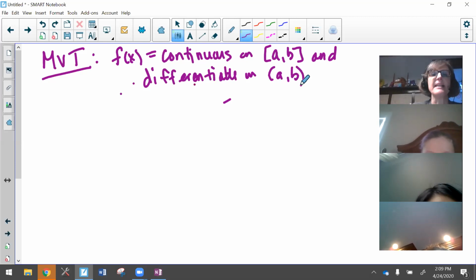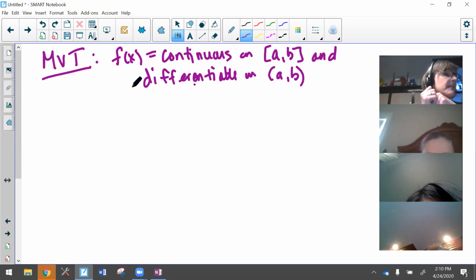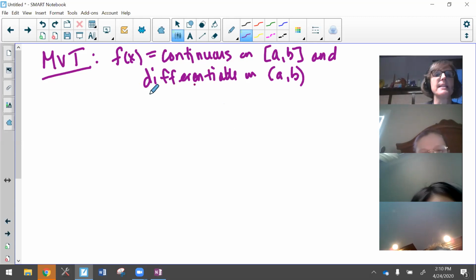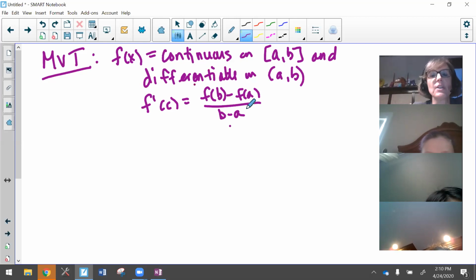That is the first criteria, and if that is not met, then you can't apply the mean value theorem. And that means that there has to be some point C such that f prime of C is equal to f of B minus f of A all over B minus A. And we just had that in the problem that we were working with earlier today.